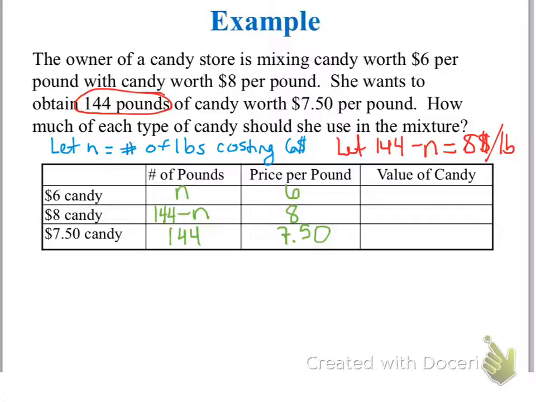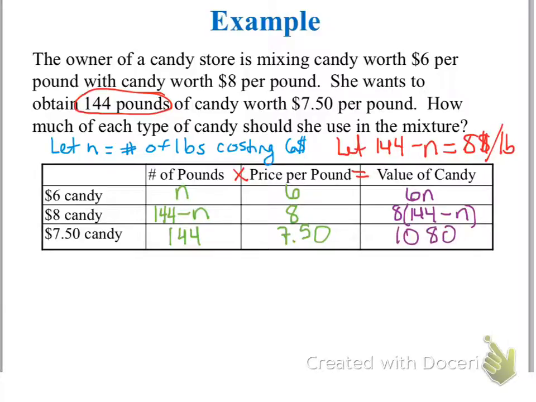So the value of the candy is found by taking the number of pounds, multiplying by the price, and that gives you the value of the candy. So this would be 6n. This would be 8 times 144 minus n. And this last one here is going to be 144 times 7.50. And I'm just going to do the math real quick. That gives me 1,080.